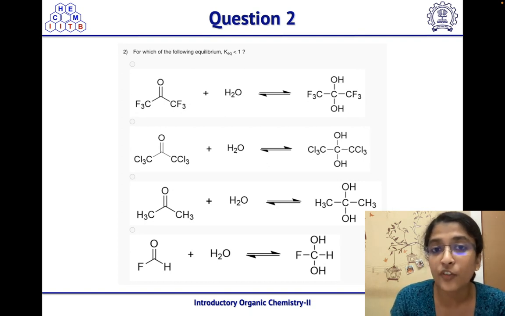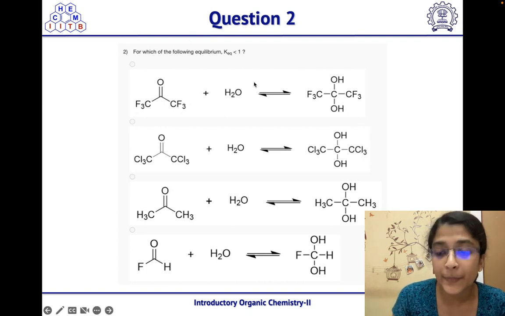We know the definition of K equilibrium: if there is an equilibrium existing between starting material and products, then KEQ is the concentration of products divided by the concentration of starting materials. If KEQ is less than 1, the concentration of starting material will be more. That means the starting material is less prone to react to form the product.